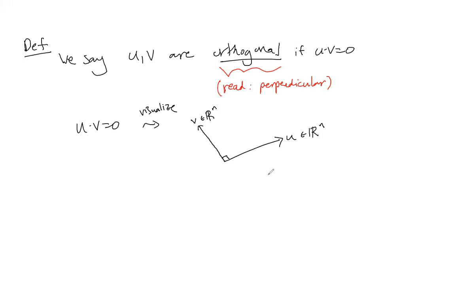So this will be pretty useful. Why is this nice? Why is this useful? The reason it's useful is because when you have orthogonal vectors, it's very easy to write another vector as a linear combination of those vectors.